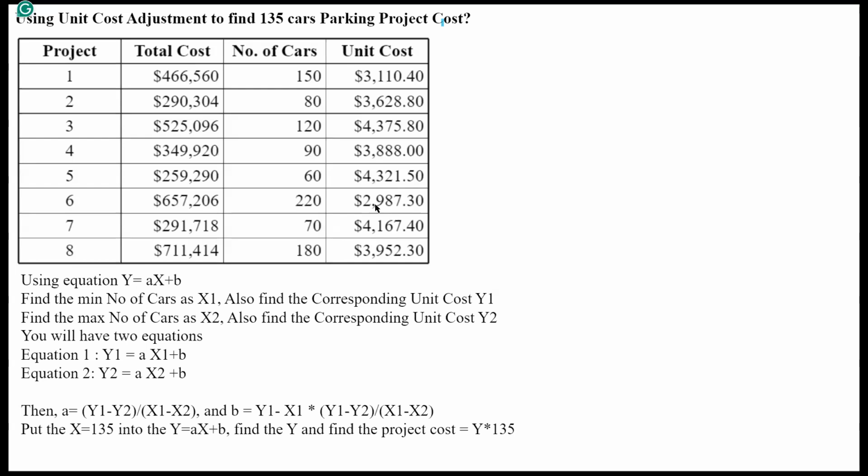I think most of you already used the equation I told you before, equation 1 minus equation 2 on both sides, and then you will get your A. Can you verify with this equation for A to see if you get the same results? Please verify.